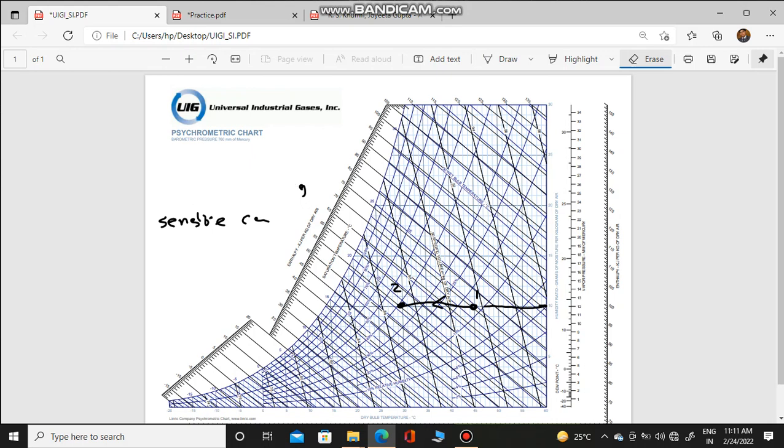Now let us discuss bypass factor. So for that let us see this. Suppose this is our pipeline or duct, and from here air is entering.